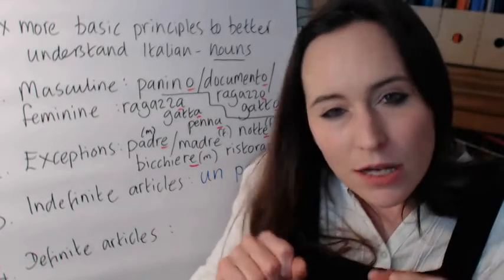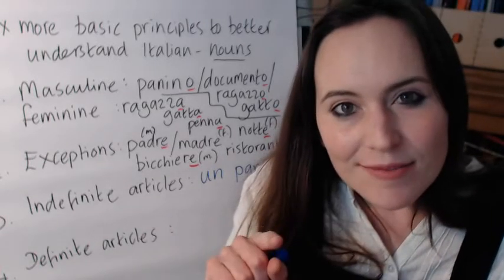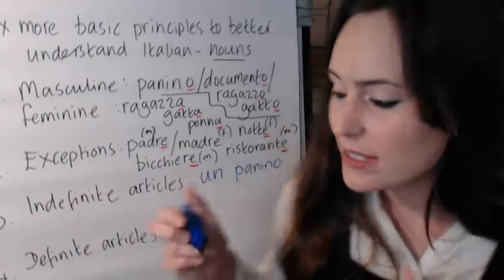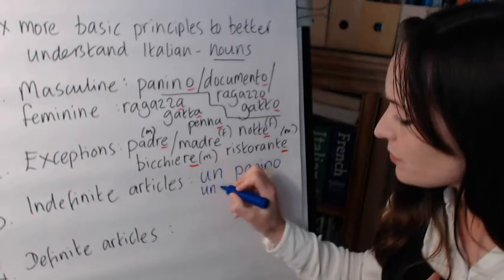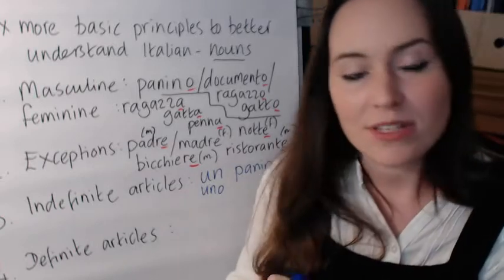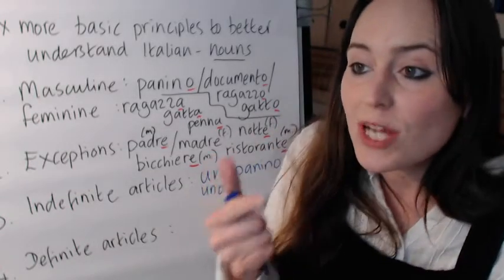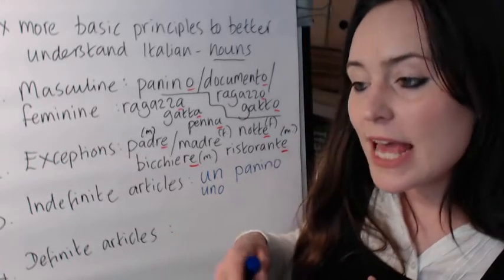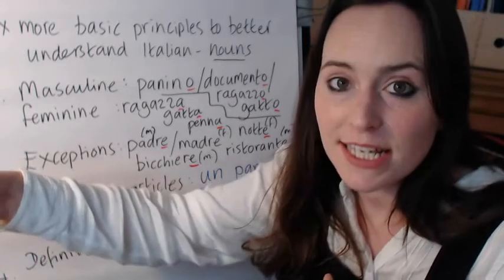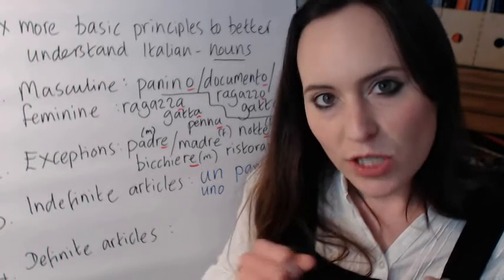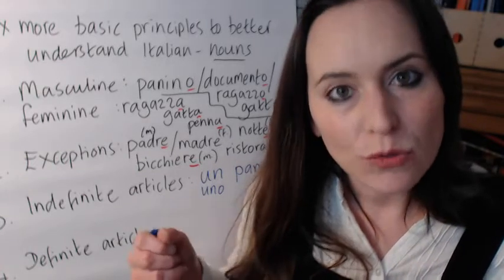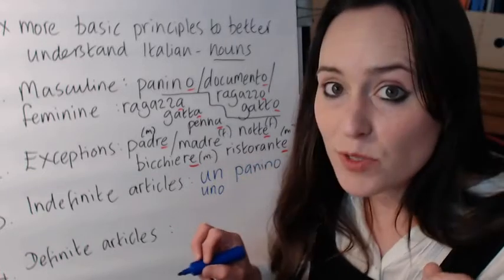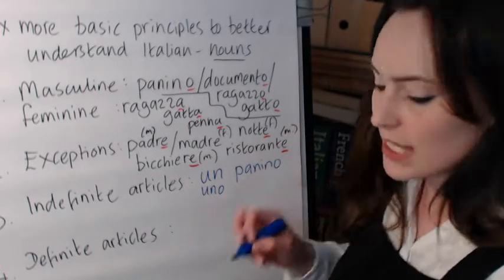Now there's this other article which you hear now and then, but maybe you don't know why it's there. What's the difference? And that's uno. So uno is also the number one. Uno, due, tre, quattro, cinque, etc. But when you're talking about a something that's masculine in Italian, sometimes you'll hear uno instead of un. So un is probably the most common you'll see in front of a masculine noun.